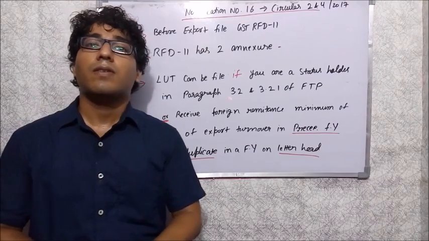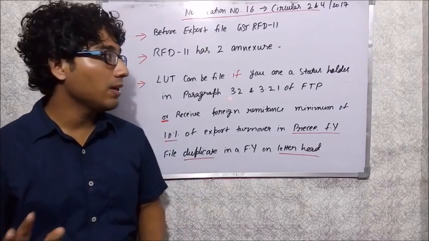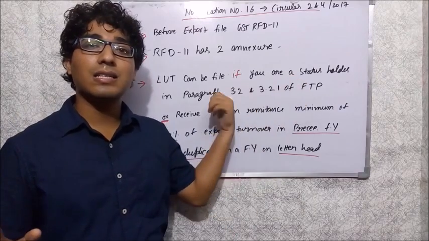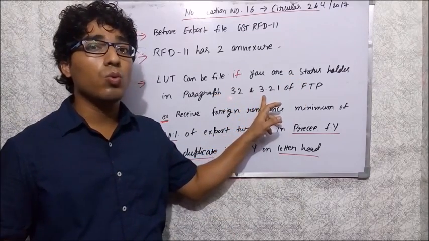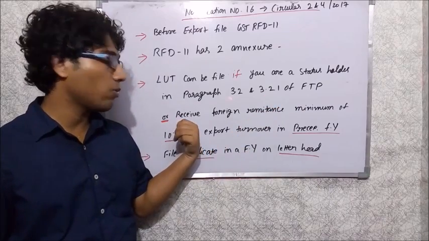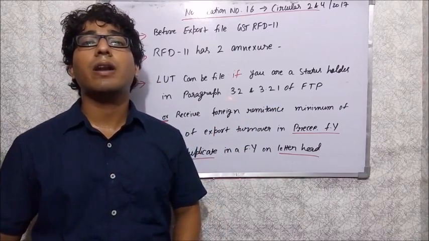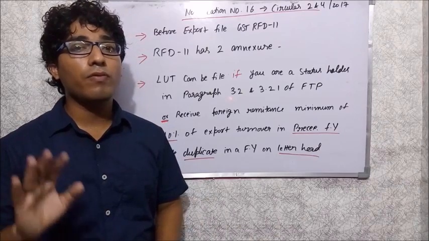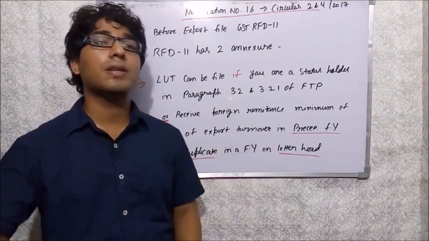So that is the first one who can execute the letter of undertaking, that you are a status holder as specified in paragraph 3.2 and 3.21 of the Foreign Trade Policy, or you receive due foreign inward remittance of a minimum of 10% of the turnover in the preceding financial year.